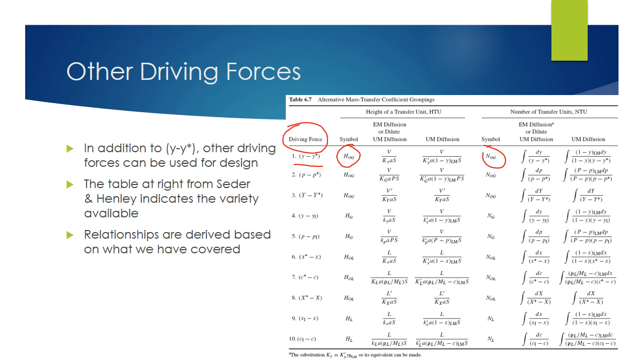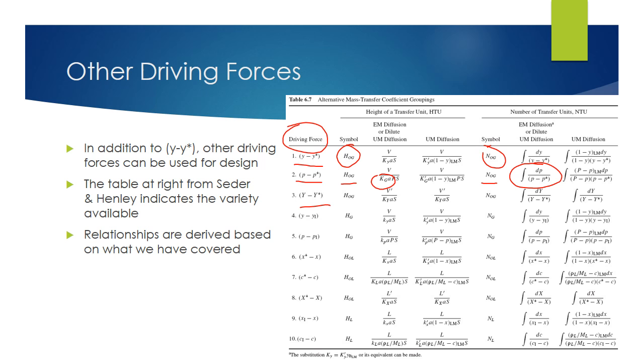You can see that the definition of those is consistent with what we just talked about. But there are other definitions. You can have a driving force based on the difference in partial pressure. But notice that the height of a transfer unit doesn't change, although the mass transfer coefficient does. And the number of transfer units is also similar, but it's based on the partial pressure. We can define a driving force based on capital Y values, so mole ratios, in which case we need to be careful about the variables that we use, but we still use HOG and NOG.